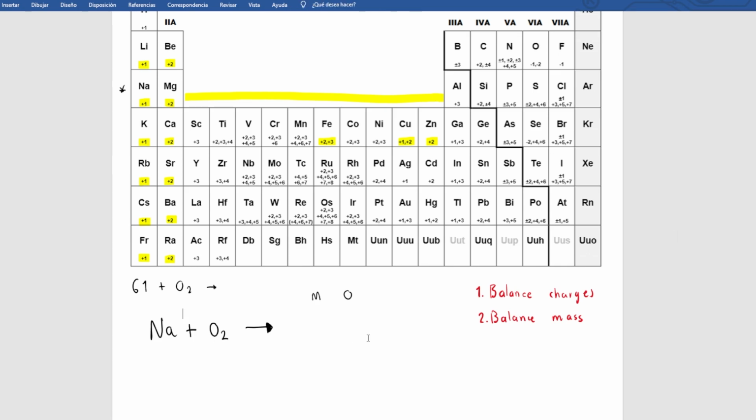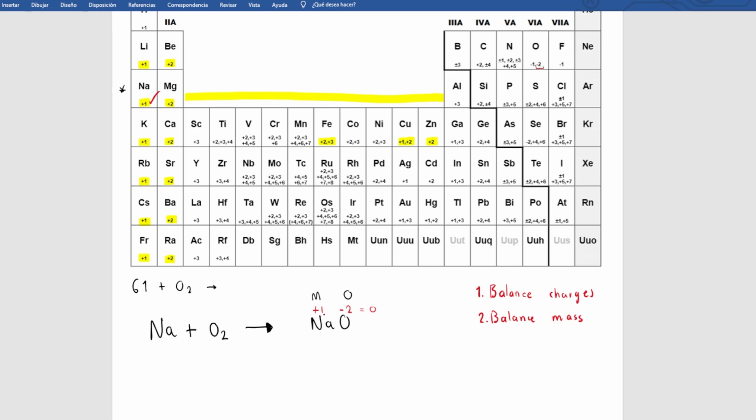And we know that when we have a chemical equation, we have to take into account two things: to balance the charges and to balance the mass. Let's balance the charges here. The product. We know that sodium has an oxidation number of +1. And we know that the oxygen normally has an oxidation number of -2. We need to make this formula equal to 0.